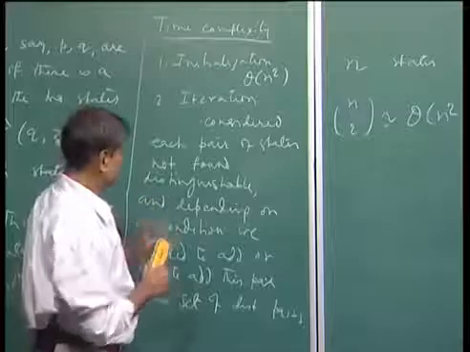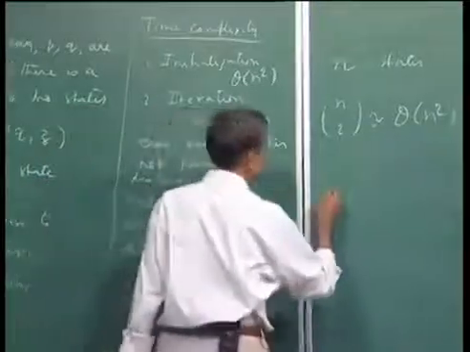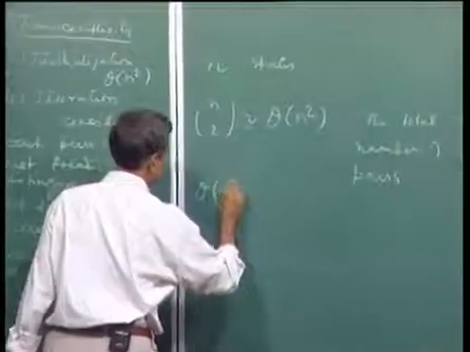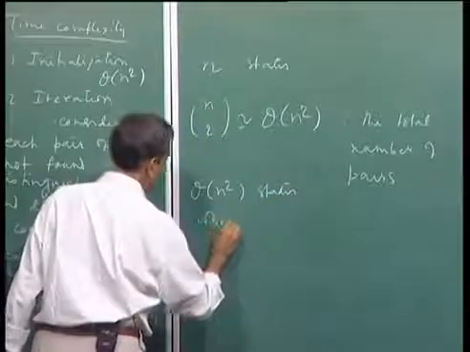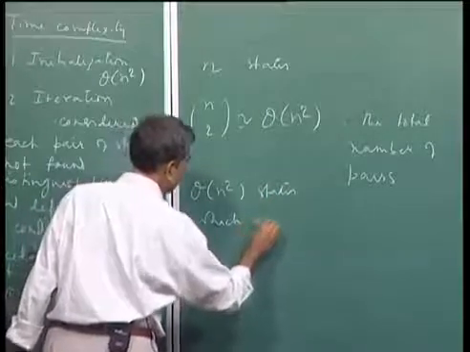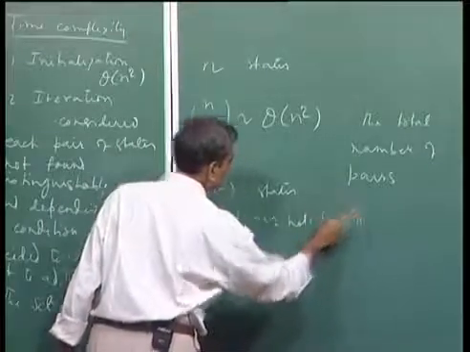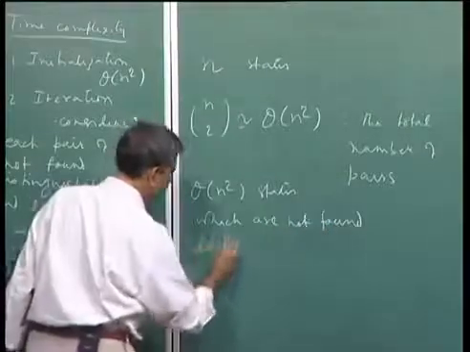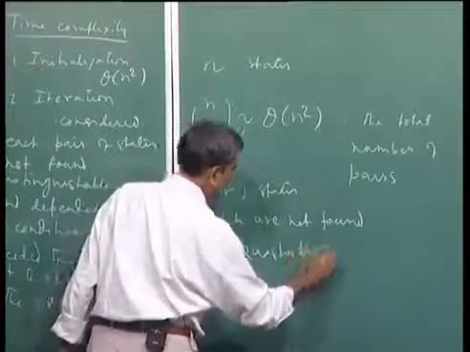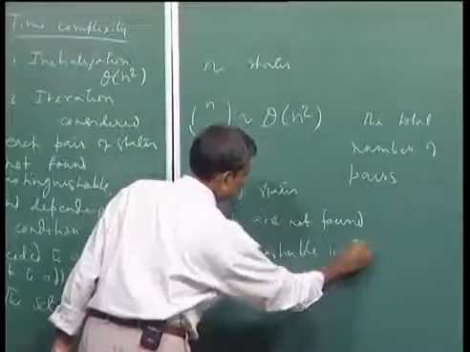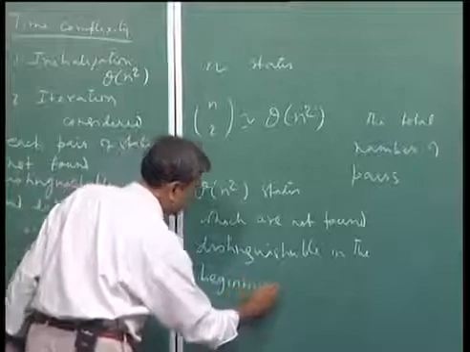In general, there can be order n square pairs which are not found distinguishable in the beginning of an iteration.